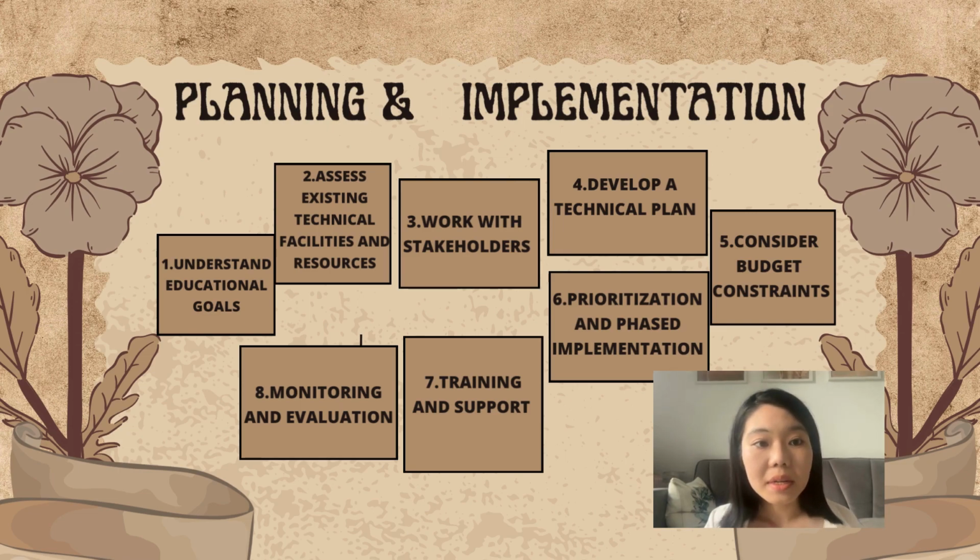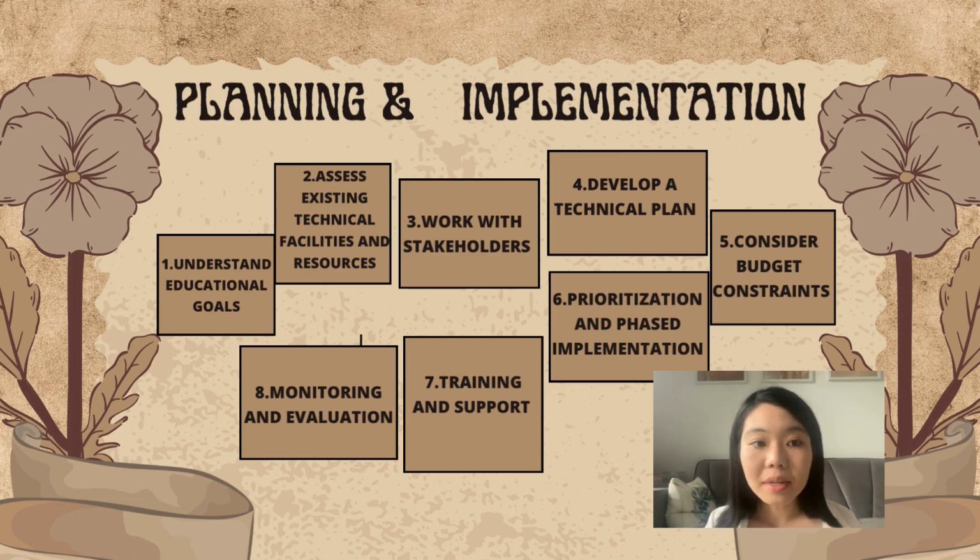The third one is work with stakeholders. Work with stakeholders such as school administrators, teachers, parents, and students to understand their needs and expectations. Ensure that plans meet the expectations of all parties and achieve educational goals.